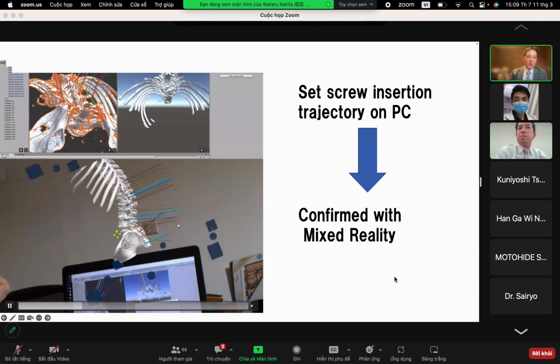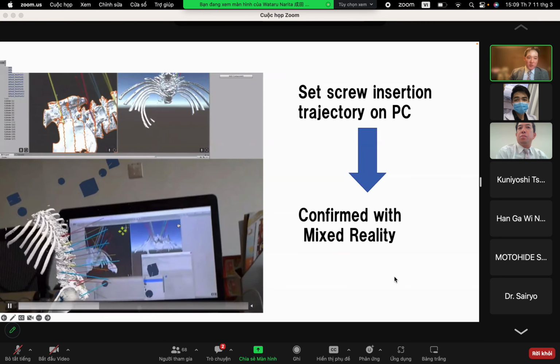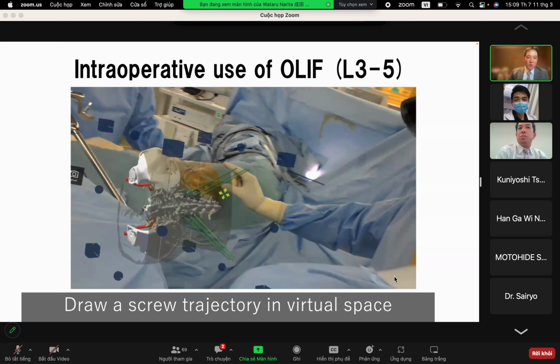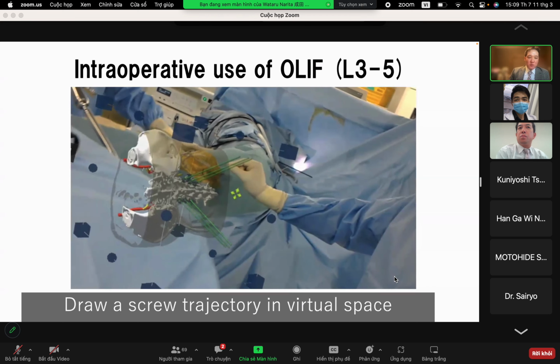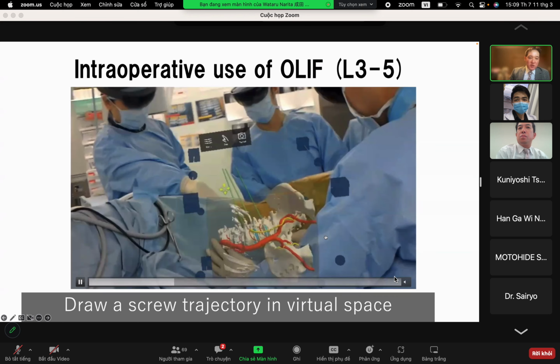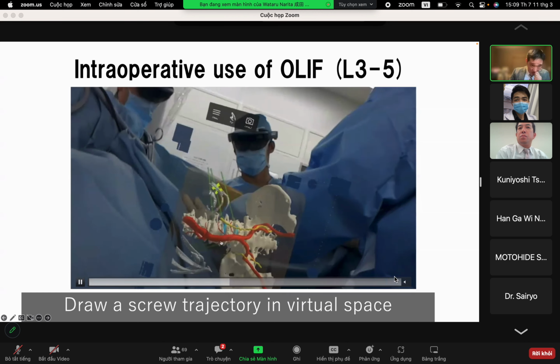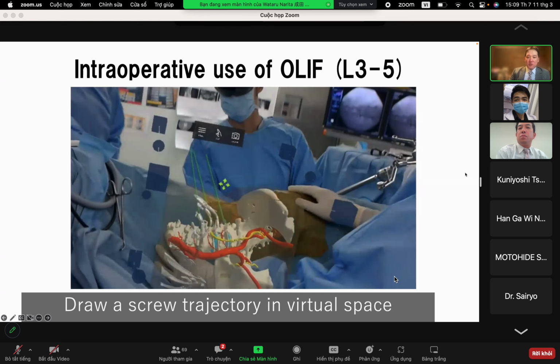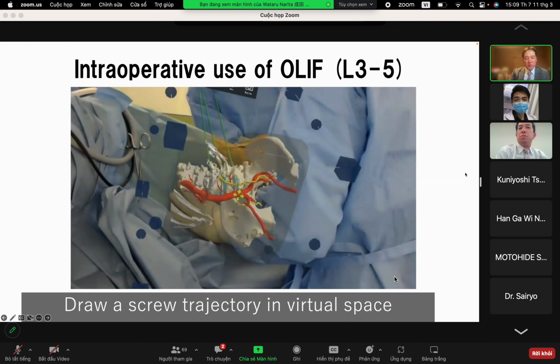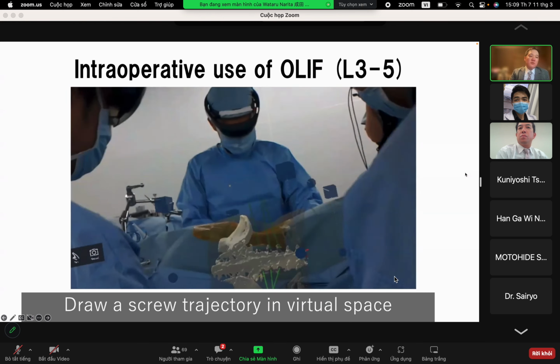The trajectory line is this green line. This is intraoperative use in LLIF, and we can see the vessels, nerves, bones and instrumentation here. But it's hard to wear goggles for long periods.